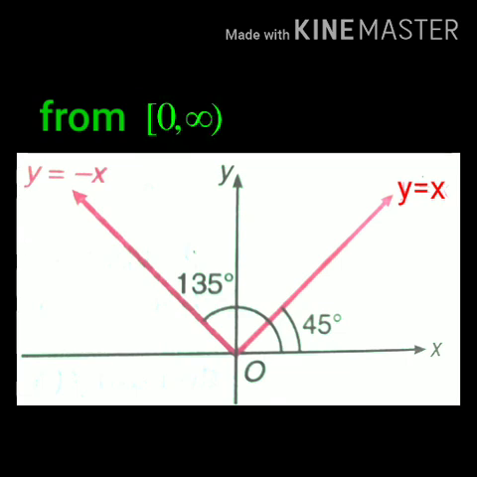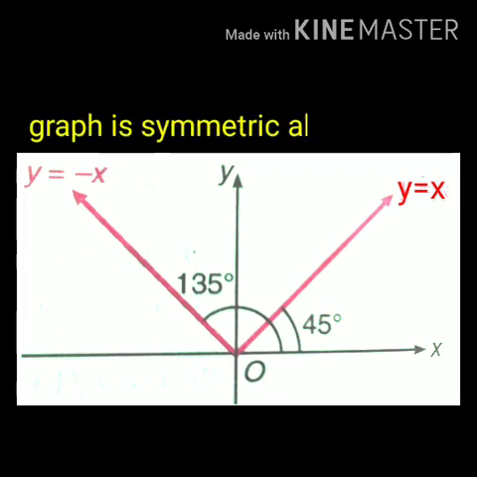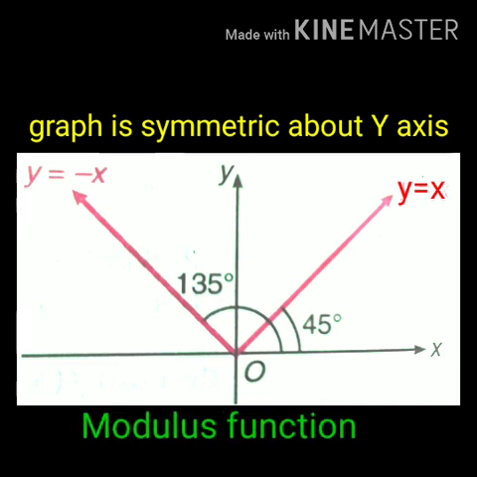That is why the range of this modulus function is always 0 to infinity. Again, this modulus function is symmetric about the y-axis in its domain, the set of real numbers. This is the graphical representation of the modulus function y equal to modulus x.